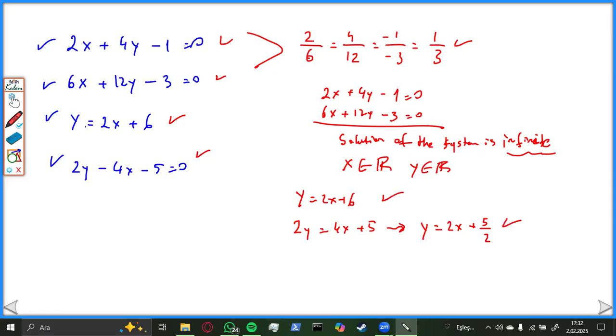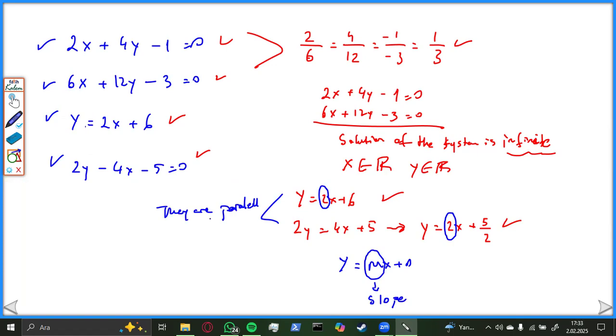After checking each equation in the gradient intercept form, you are going to realize that slopes are the same. As you know, if you see an equation in gradient intercept form, the coefficient m gives you the slope. So you can easily realize that slopes are the same. In other words, they are parallel.